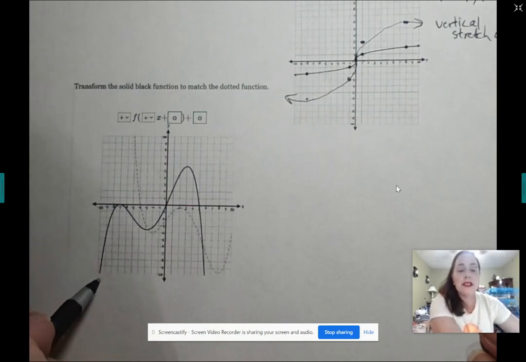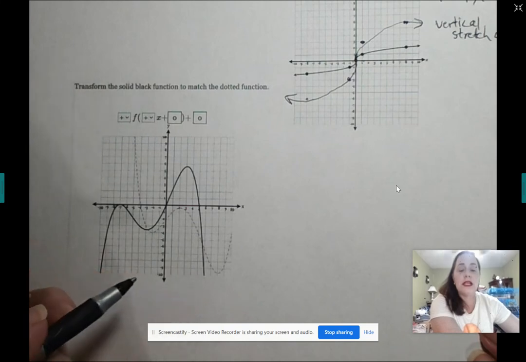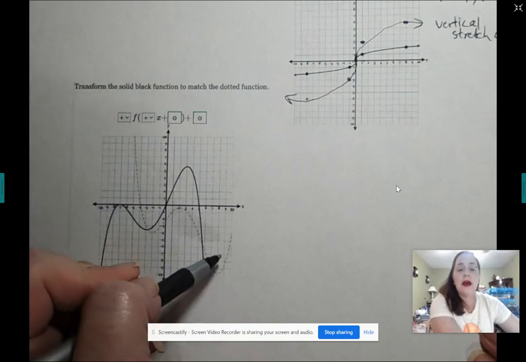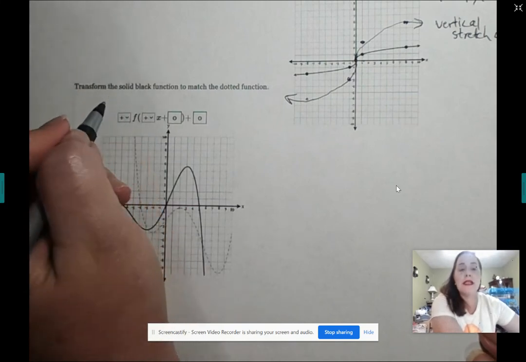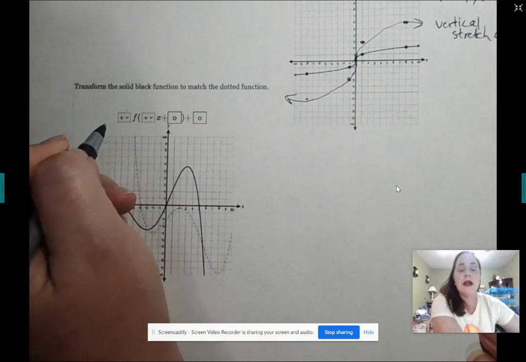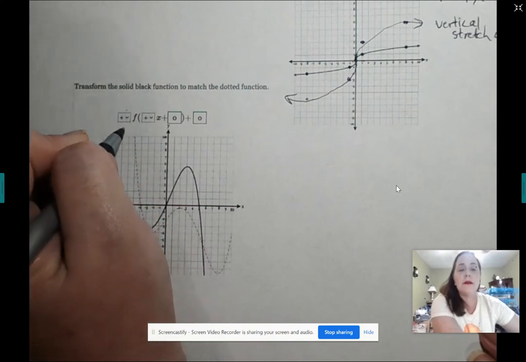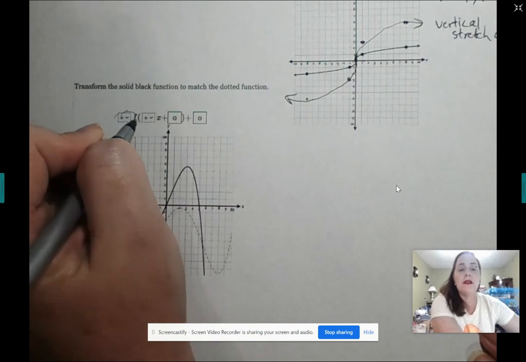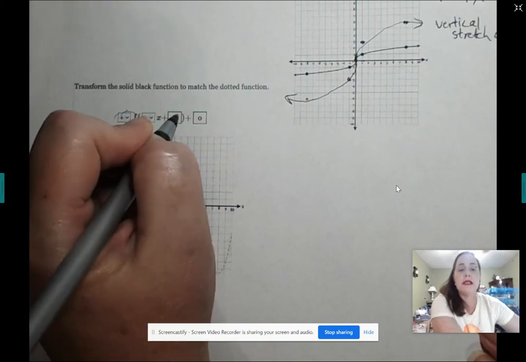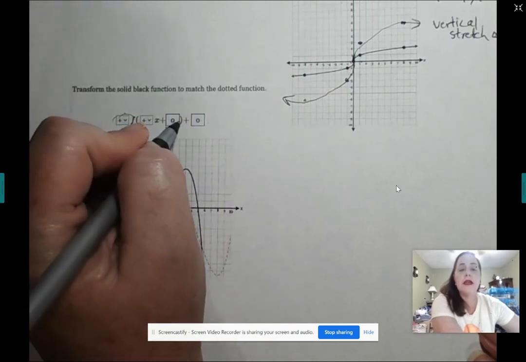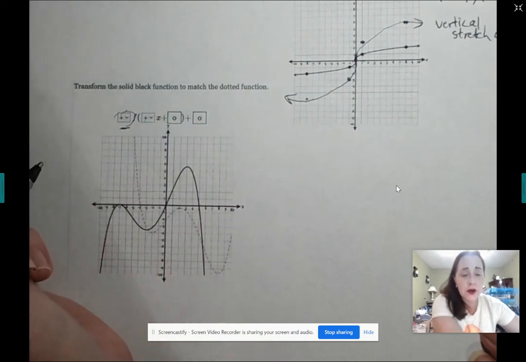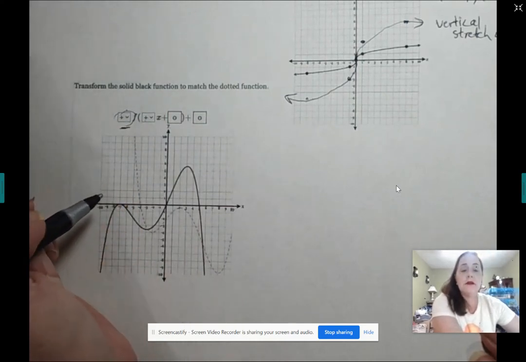But if you look at this, this is a downward facing quartic, but they want it to be an upward facing quartic. So I must need to change this sign to the opposite sign from the default. The default will always be positive, positive, 0, and 0 for A, B, H, and K. So I definitely want to flip it upside down.